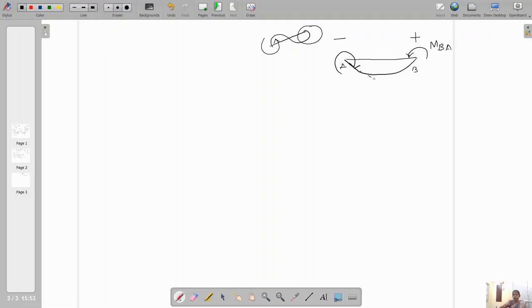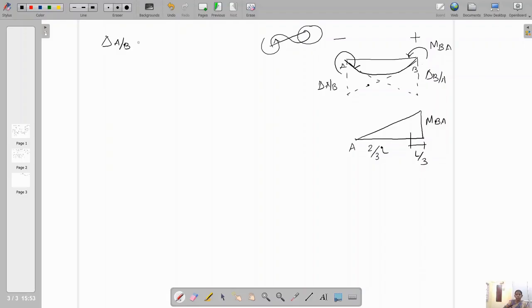Okay, and also the deflection. So previously at A delta A by B, at B delta B by A. Now to find the deflection, consider the moment at B, that is MBA, and the centroid is L by 3 from B and 2/3 of L from A. So now delta A by B is the summation of area of BMD into centroid divided by EI.